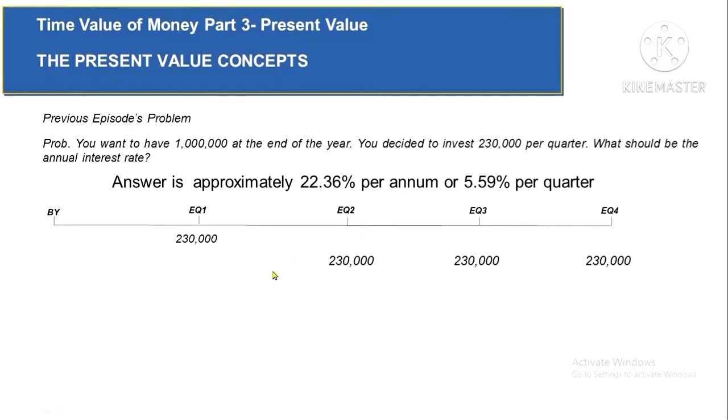Again, our answer is 5.59%. So let's apply that to the timeline and we will multiply the investments with 1.0559 or 105.59%.